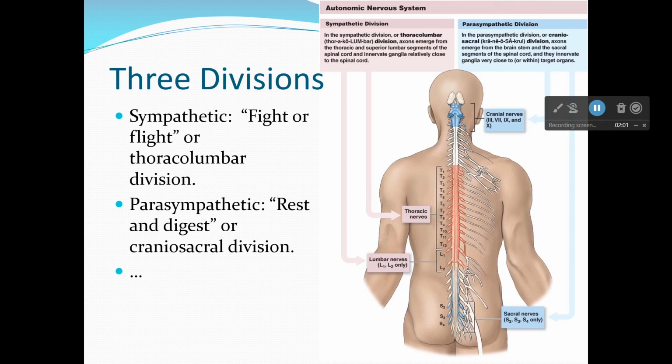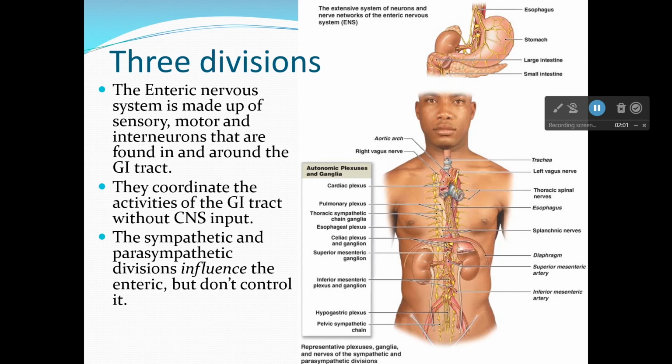So our two divisions. Then the enteric system is all of the sensory, motor, and interneurons that are involved in the digestive tract. You can see by all these ganglia that are present here, now some of these are part of the sympathetic and parasympathetic, but the organs of the GI tract themselves have a bunch of ganglia built in and around them.